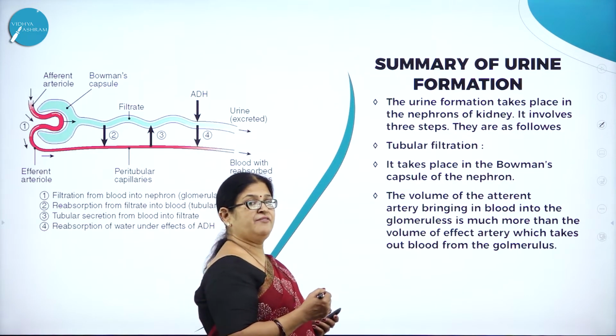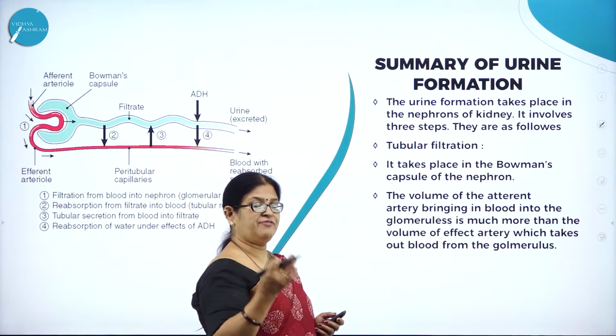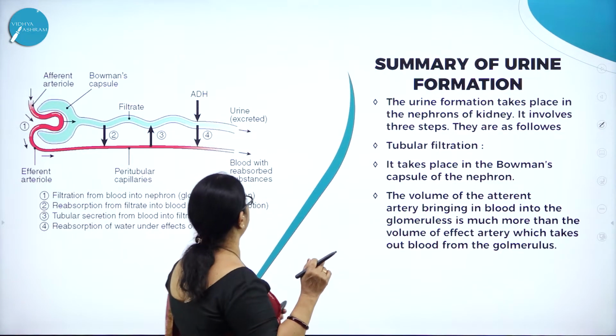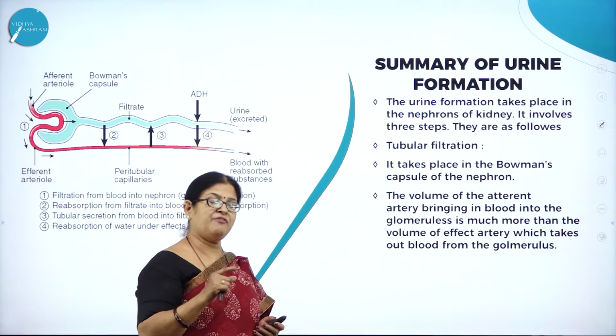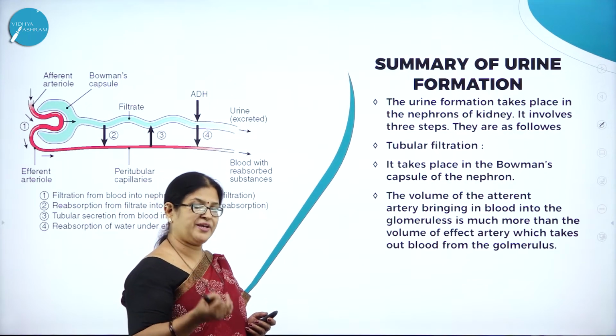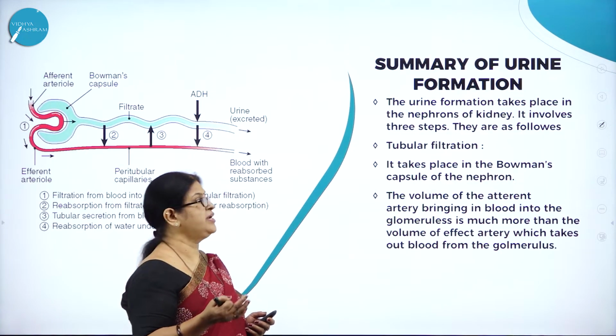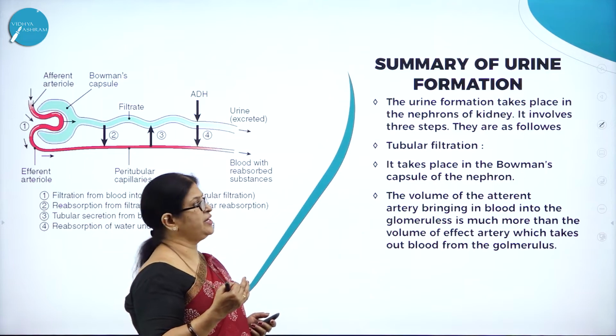So finally, we have come across the process of formation of urine after undergoing three very important steps. Step number 1 is called ultrafiltration or glomerular filtration, step number 2 is called tubular reabsorption, and step number 3 is called tubular secretion. Finally, how is the urine formed?